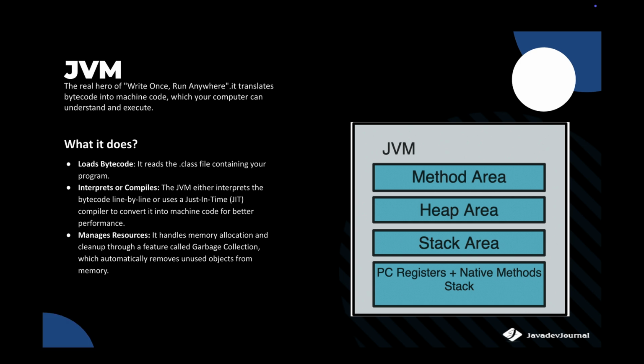So when the code runs on a certain machine, this has to be translated for the underlying machine, because the file system, let's say if you want to read a file, the file system in macOS or Linux is entirely different from a Windows system, right? So that will not work if you have the same sort of JVM.